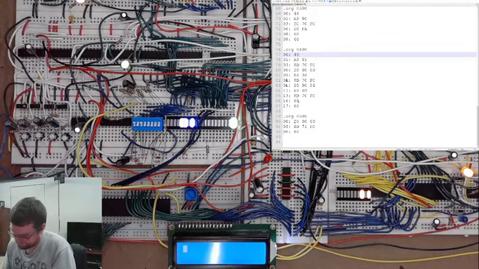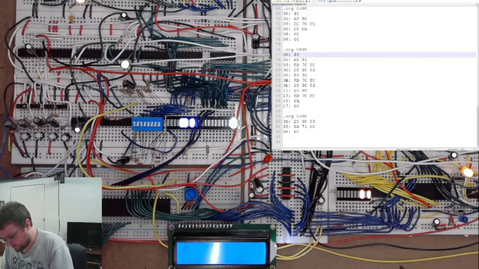Something I could try, though it probably won't help, is doing it with this. But the thing about that is it doesn't matter.